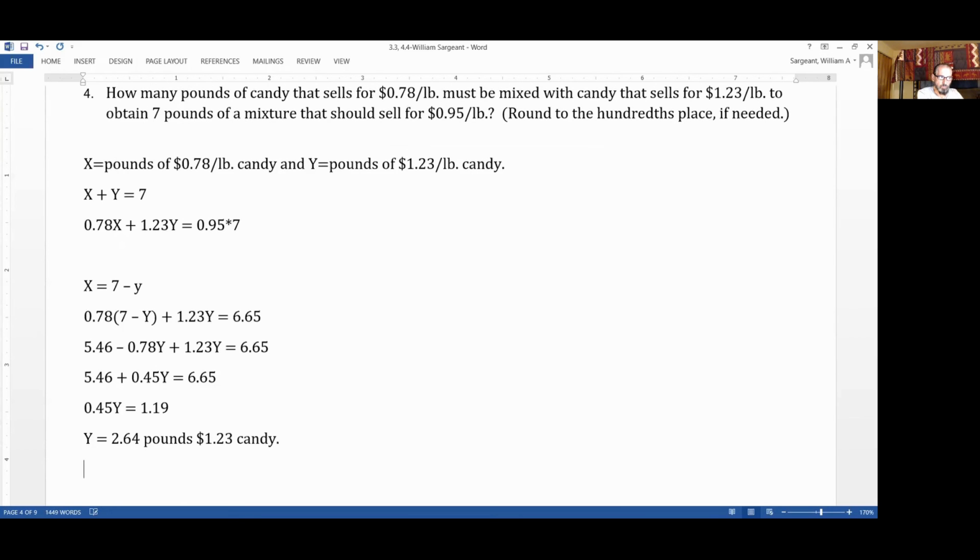And if we subtract that from 7, that'll give us X is 4.36 pounds of the 78-cent candy.